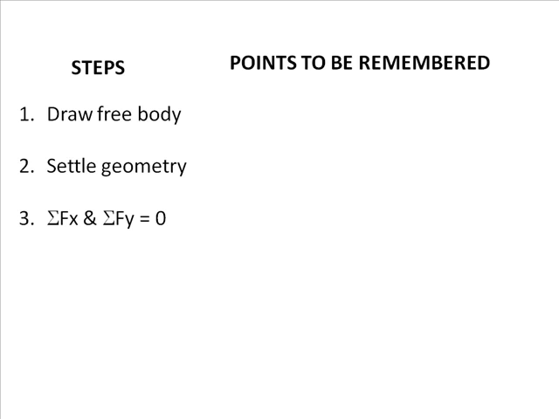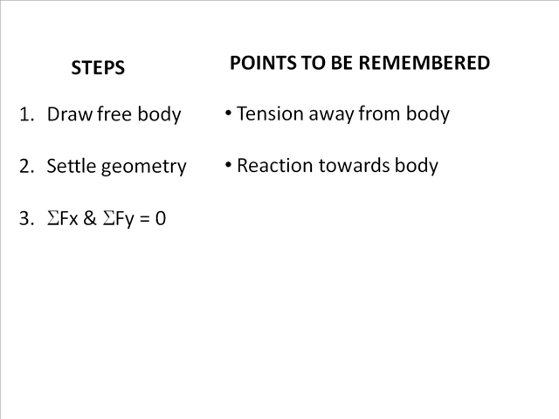Now, a few points to remember. When you are drawing a free body, anytime there is a tension force, it will always be away from the body. Whereas if there is a reaction from a surface or another body, it will be directed towards the body.